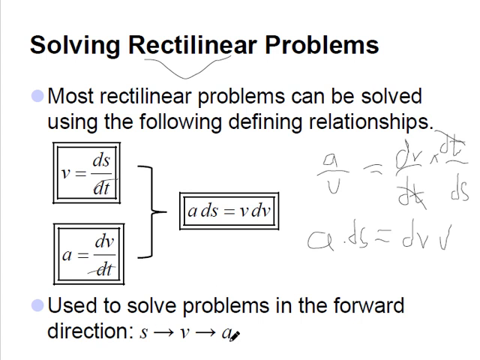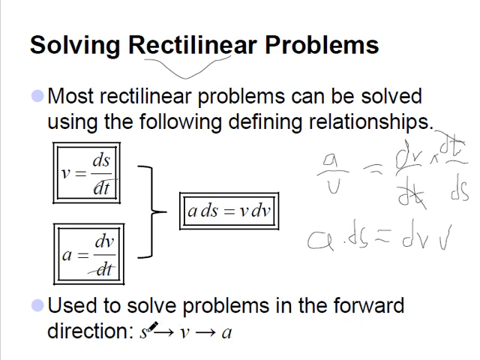Remember the progression: position, velocity, and then acceleration, meaning you can get acceleration from the velocity value, and you can get the velocity value from the position value. All right, so that's how we solve the problem in the forward direction.